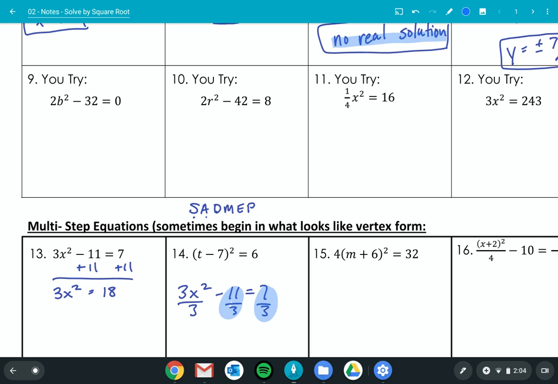We don't want to deal with these. I'd rather not deal with a fraction or a decimal, versus when I'm working here, I get nice, wholesome numbers that I can deal with. So dividing or multiplying isn't necessarily always the best first option. Subtraction and addition usually is. Just things to think about.